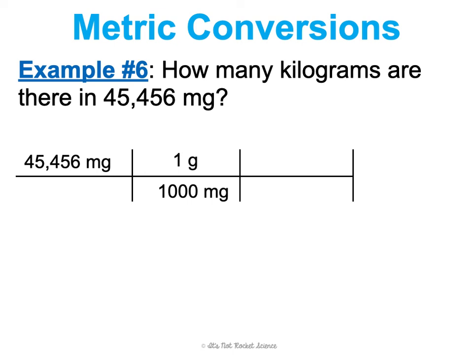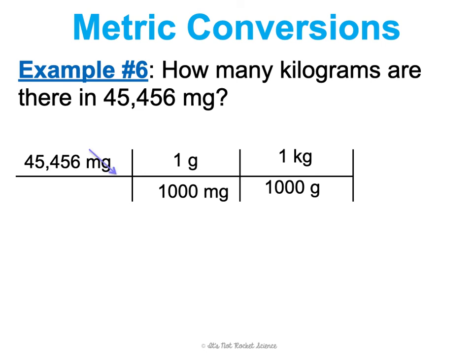We know we're trying to get to kilogram. So we know that for every 1 kilo, because we just did this on the last problem, you're going to have 1,000 units of something, okay? We're trying to get rid of grams, so we're going to have 1,000 grams. So we're stopping at kilogram because that's where we're trying to get to.